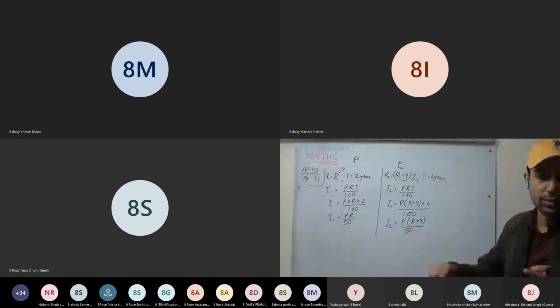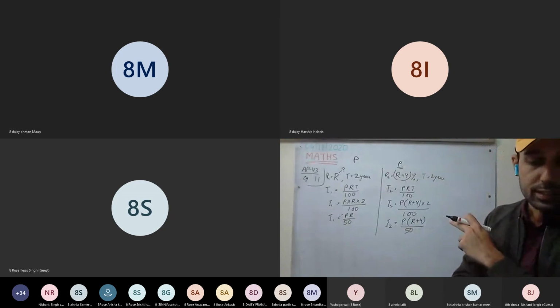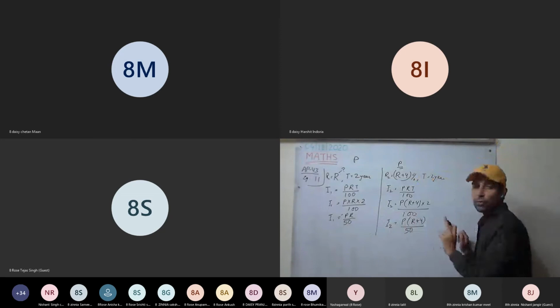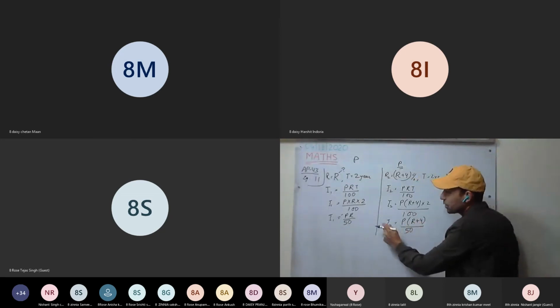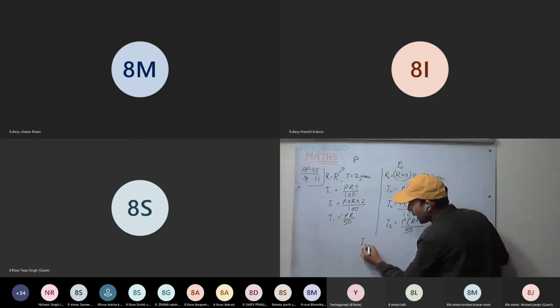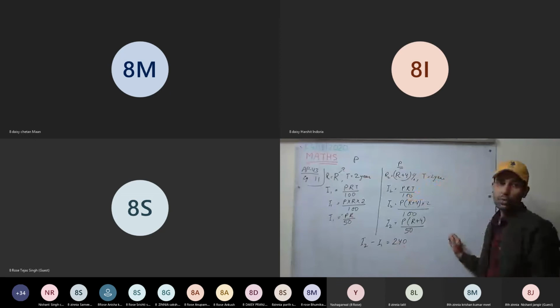Now, what is being given in the question? If the rate is increased by 4%, the interest increases by 240. Therefore, this interest is 240 more than I1. That means if we subtract I2 minus I1, it will come out to be 240 rupees.